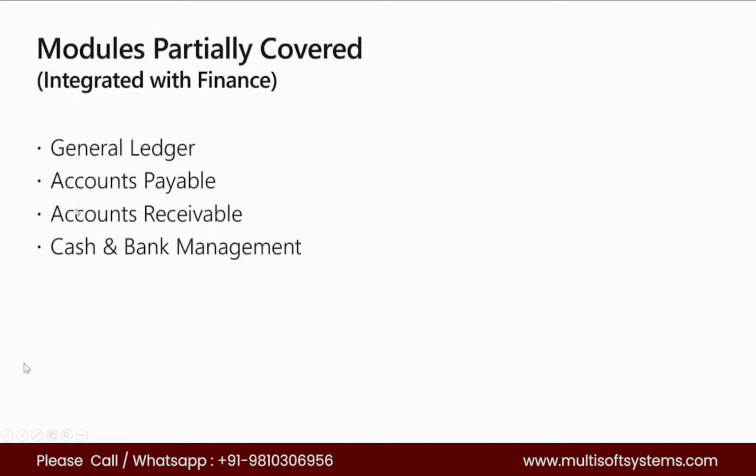So what we'll do is a purchase order. The purchase order should be my expense. I'm spending some amount on my goods, so it is an expense. An expense should come under one code.